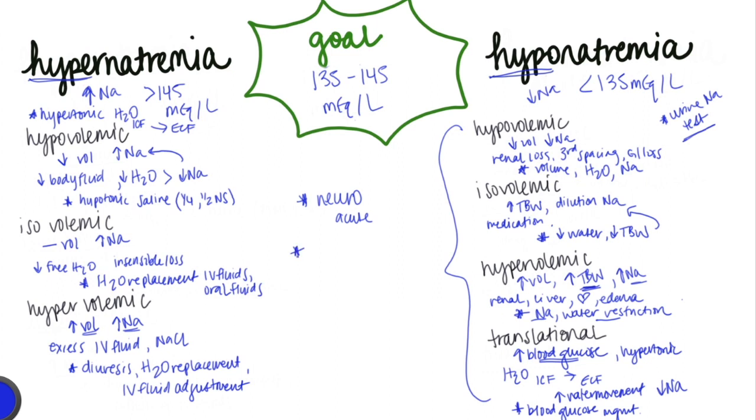Now with both hyper and hyponatremia, you want to take whatever management plan really slow. The reason for this is because obviously we've talked about how sodium and fluid are very closely correlated. So when you change the sodium status, you also are going to make big changes to the fluid status because the fluid's going to go where the salt is, right?